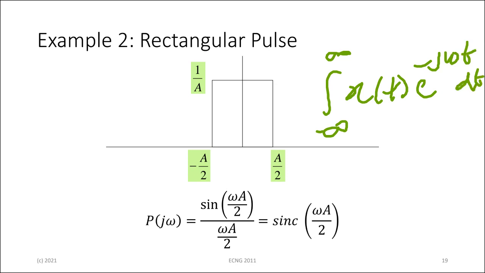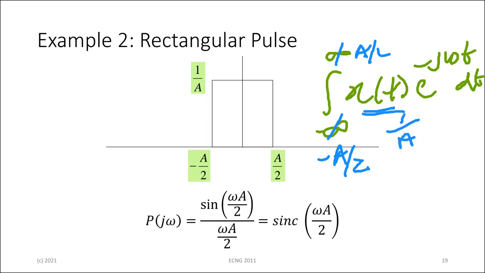In our case, the limits are going to be minus a over 2 to a over 2. And what is x(t) between those limits? It is 1 over a.